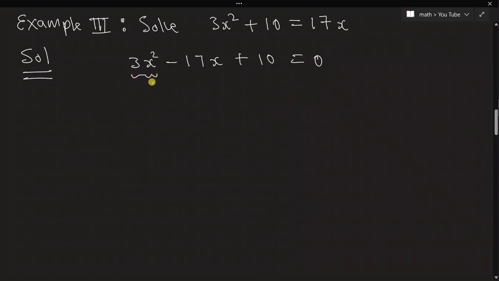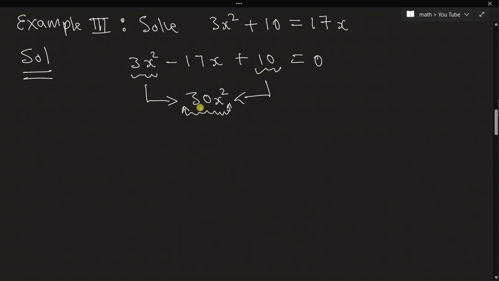Then the next thing that we do, we take the first term and the last term and we multiply them together. When we multiply these two together, we get 30x squared, like that. As soon as we get the result of this product, our main focus now shifts to that term.